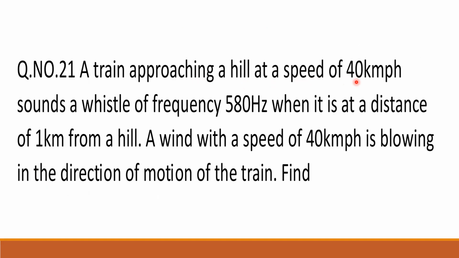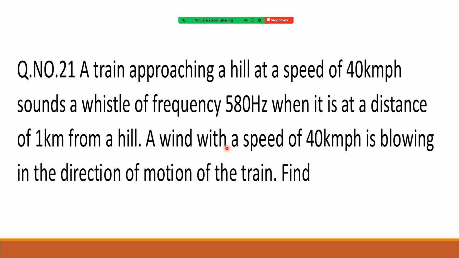It is given that a train is approaching a hill. Speed is 40 kmph and frequency 580, right? When it is at a distance of 1 kilometer, distance given 1 kilometer.